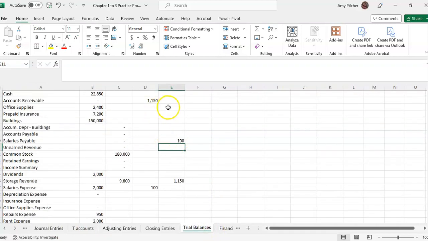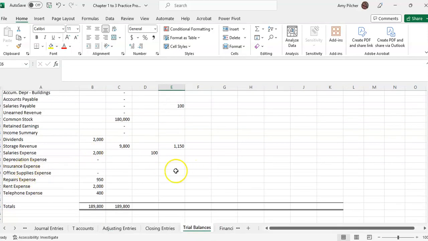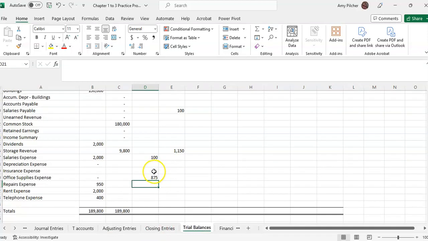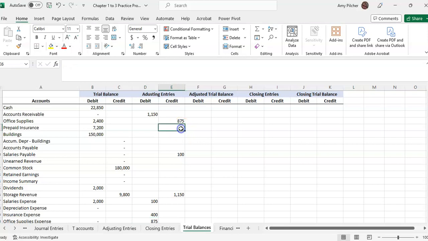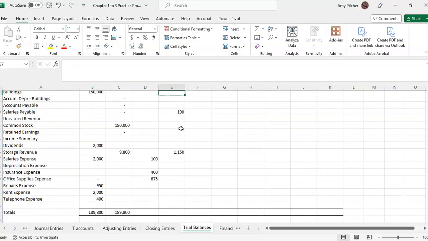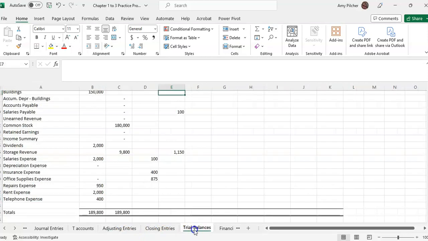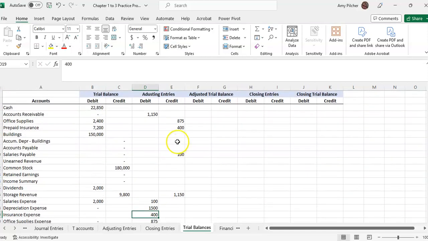So now we have our office supplies that we credited for 875, and then we have an office supplies expense of 875. Okay, and insurance. So we had insurance expense of 400, and we reduced prepaid insurance of 400. And then the last one is depreciation expense. So we recorded a depreciation expense of 1,500, and we put that in accumulated depreciation.